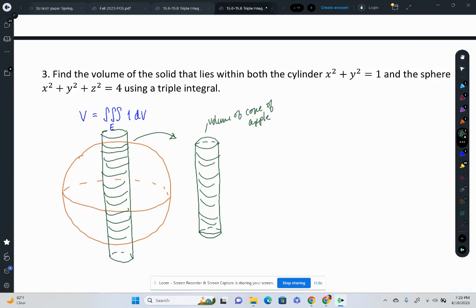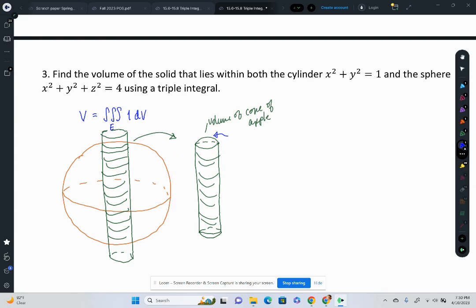Okay, so again, we need bounds for z, r, and theta. Notice that the top of this shape is coming from the sphere, not from the cylinder.